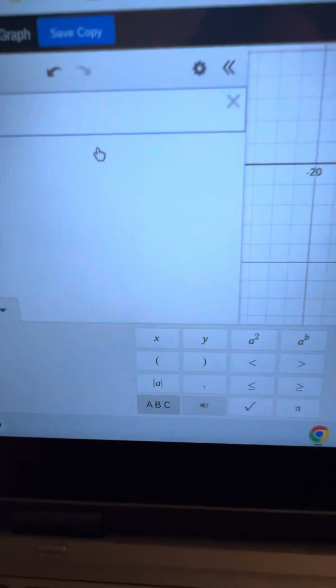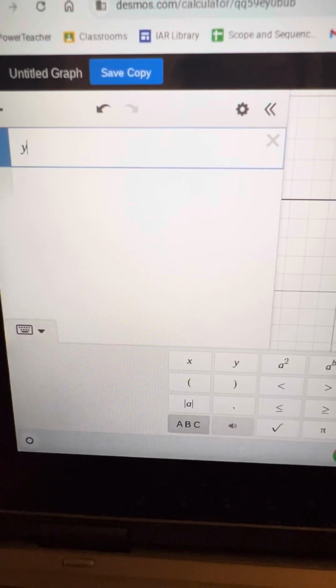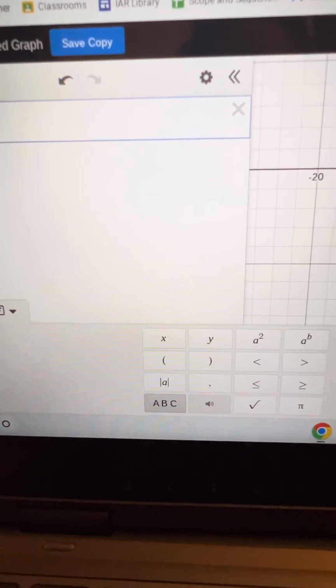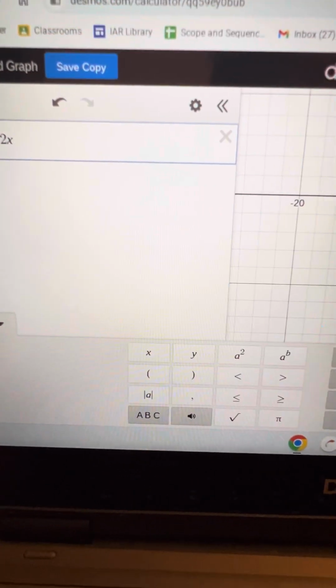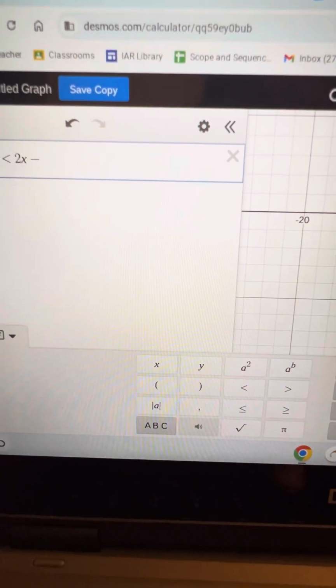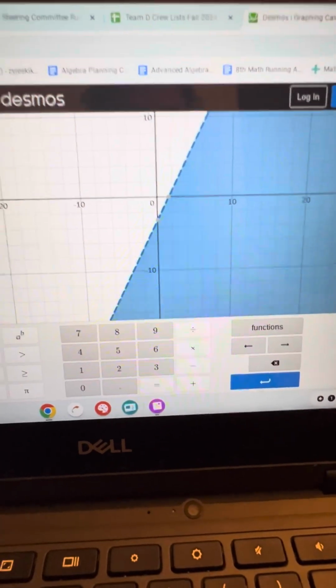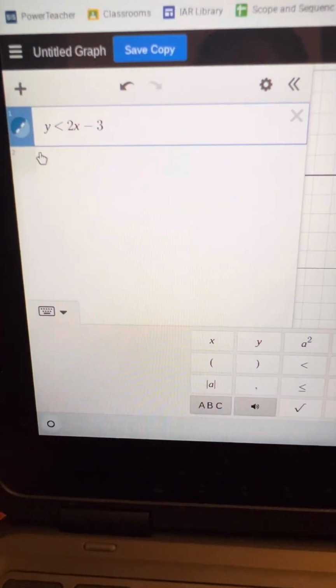I'm going to show it to you so you can see what it looks like on Desmos. So the first inequality was y is less than 2x. I'm just going to type it exactly how it is on the paper. -3. As you can see, there's your dotted line. Blue side was shaded, which was this side. And then we're going to do our second one.